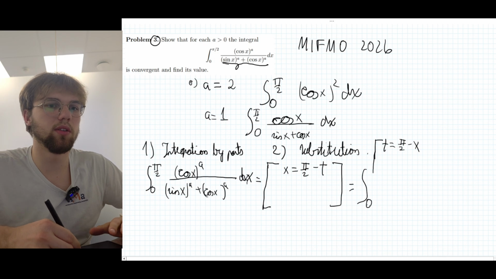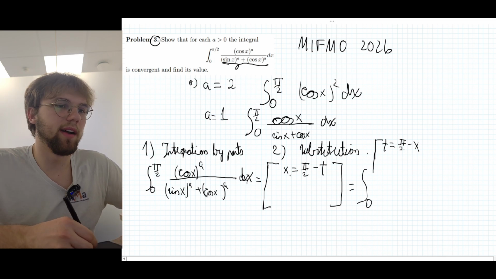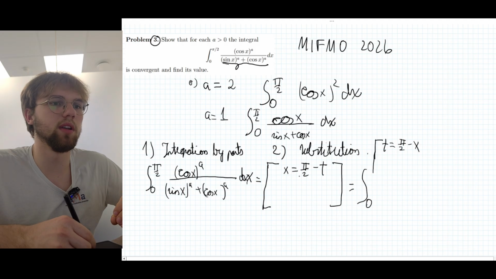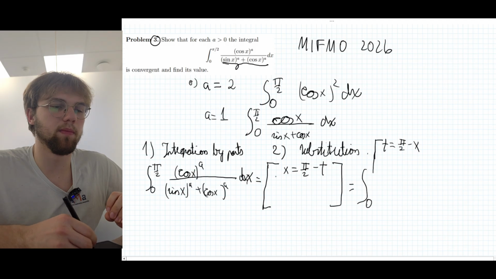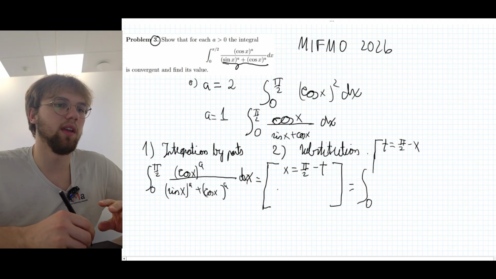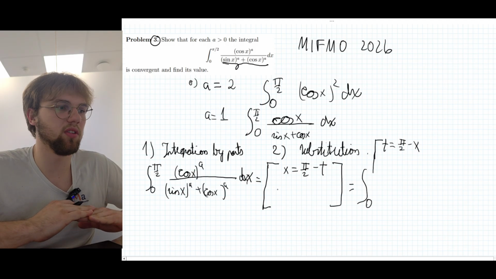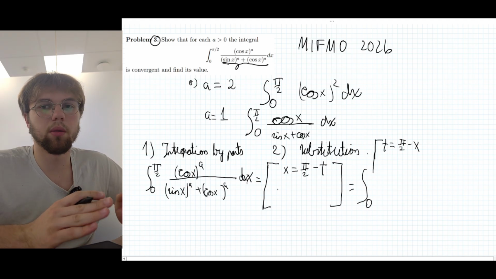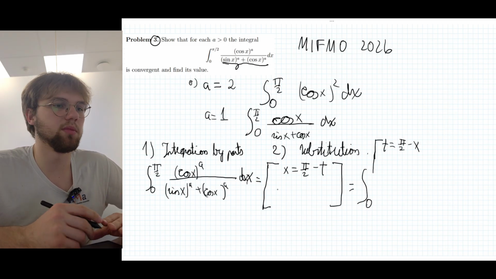Basically you must remember that if you do a substitution of any sort, you must change the bounds. That is a must, because otherwise you can't proceed from there. If you already made this mistake, there's no going back.